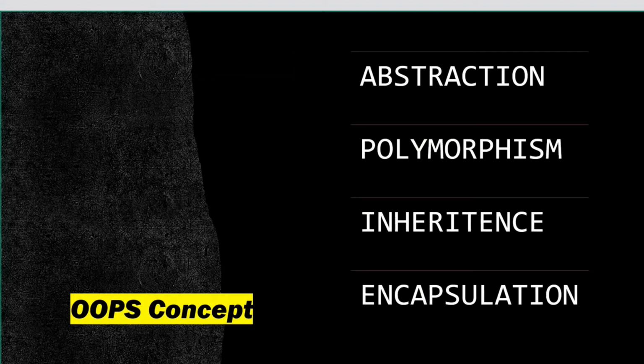So what is abstraction? Do you guys know? Hiding certain details and showing the required functionality to the end user. Let's take a simple example of abstraction, your ATM machine. You know how to withdraw money, you know how to check your balance, but you don't know what programming language or what logic is written behind that.